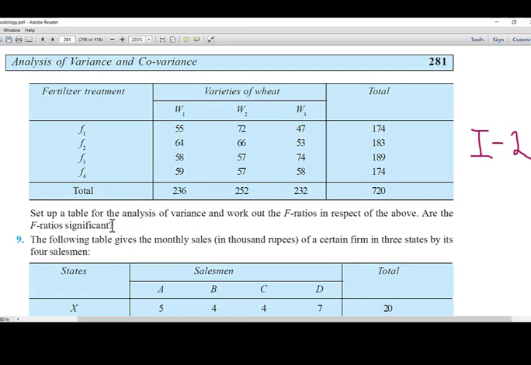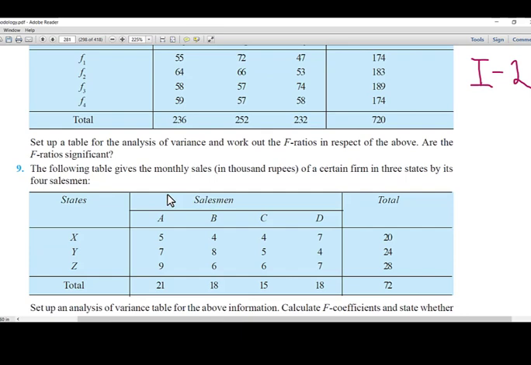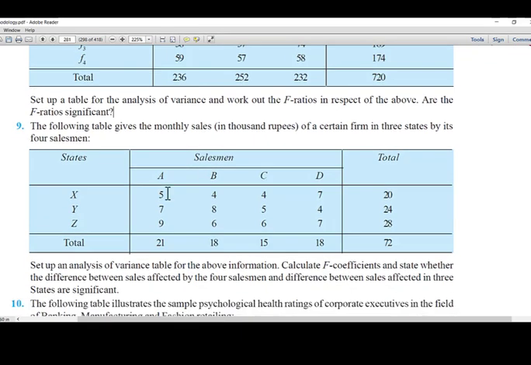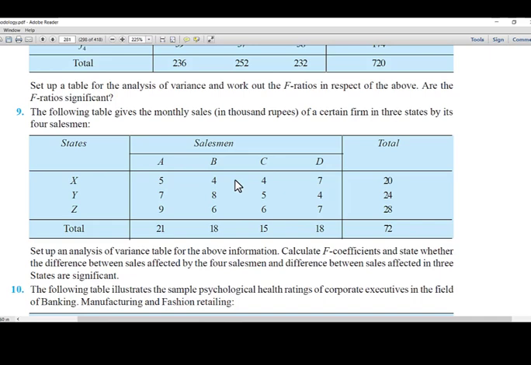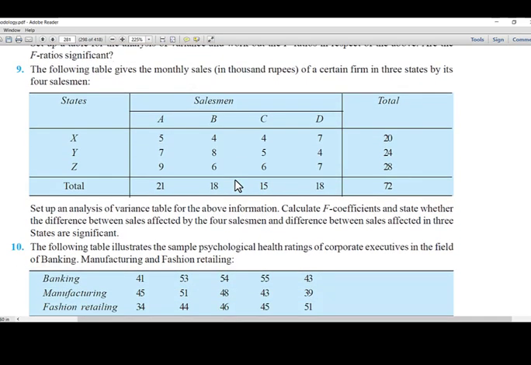Even though it is not mentioned, but you can consider 5% or 0.05 as the level of significance. And now coming to this ninth problem. Ninth problem is also like two-way ANOVA, and you can go on in the similar manner.